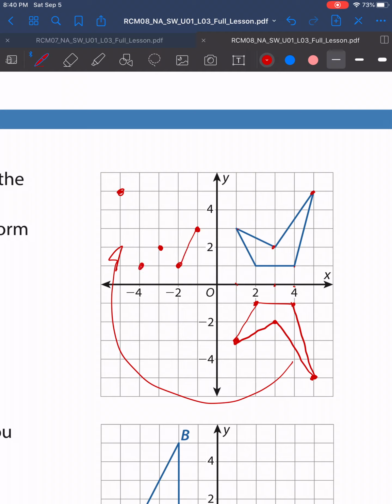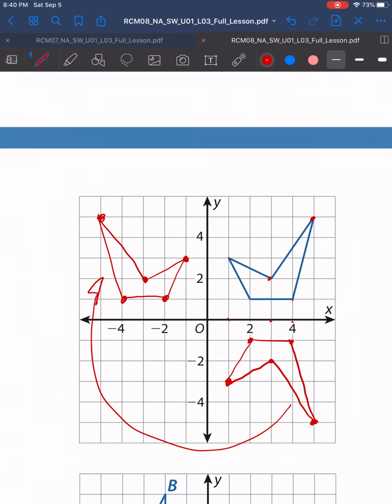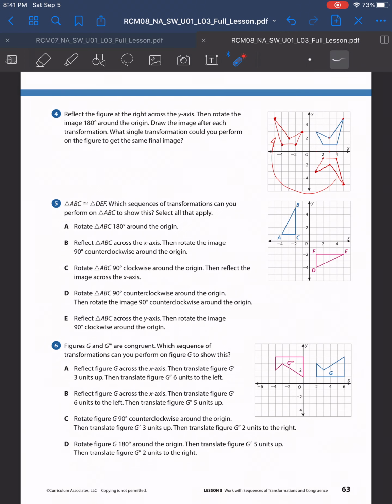Okay, let's see how we did. Well, that one's pretty simple. What does it look like? If I would have completely skipped this whole step, doesn't it look like it just reflected across the y-axis? Yeah, I could have done that just by reflecting across the y-axis. So that's what they're asking.